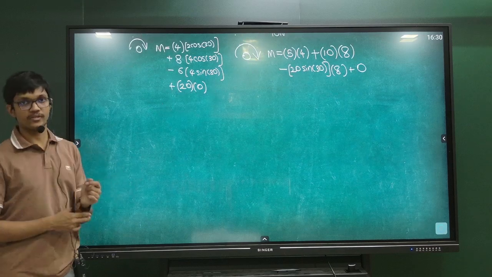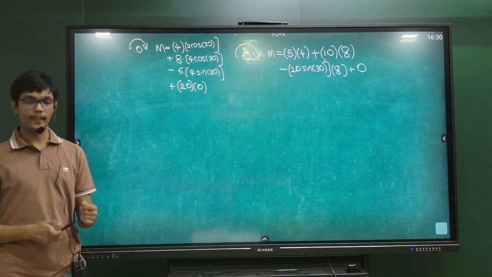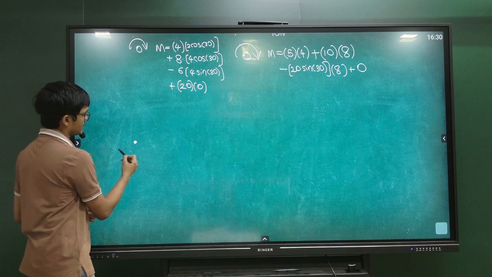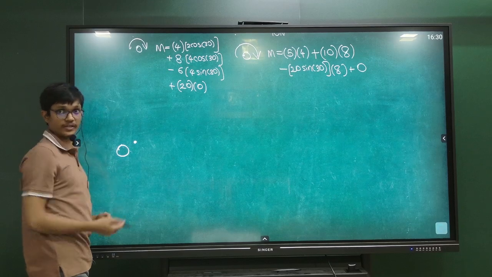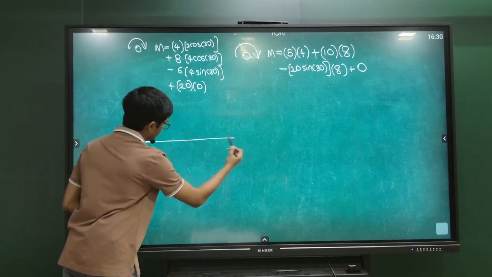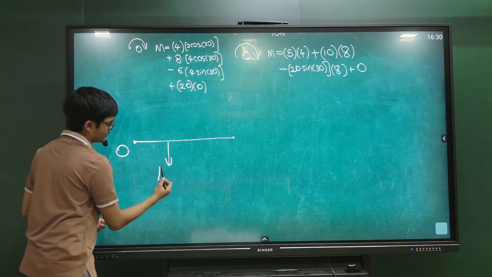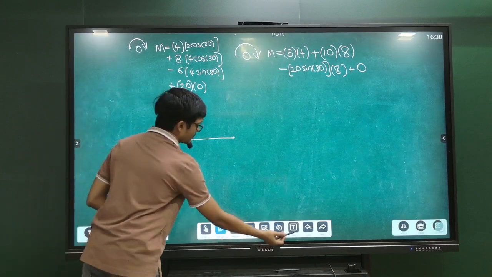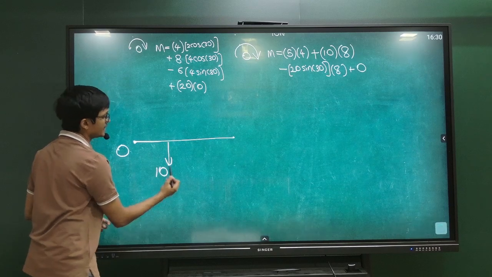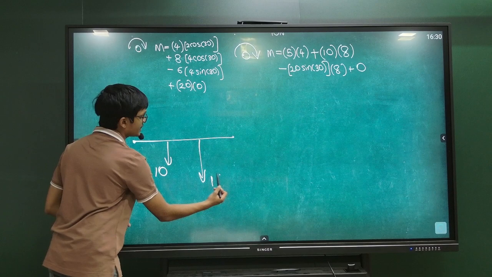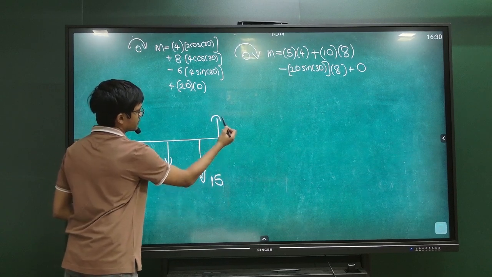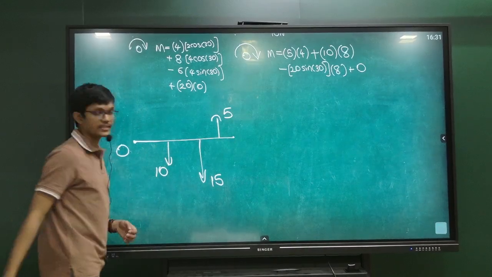What is this law? Consider this point as O. Attention. Consider this point as O. Assume there may be a lot of forces here: 10 Newtons, 15 Newtons, 5 Newtons, like this.